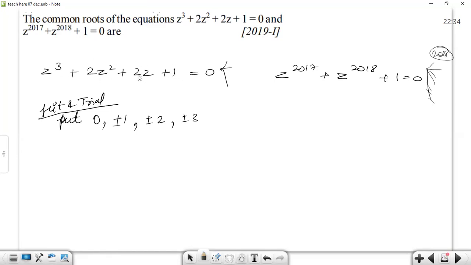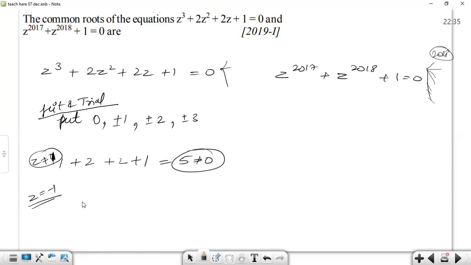So from the observation itself, it is clear that there is a constant number, so z cannot be 0. Let's put z = 1 first. 1 cubed plus 2 into 1 plus 2 plus 1 becomes 6, which is not equal to 0. So z is not 1. Now let's put z = minus 1. Minus 1 cubed is minus 1, plus 2 into minus 1 squared, which is positive 2, plus 2 into minus 1, plus 1.